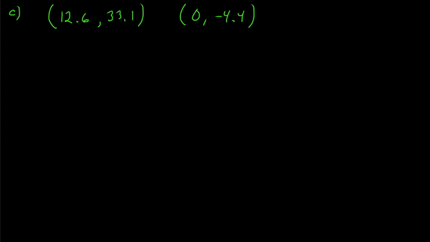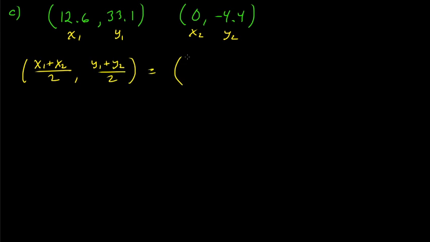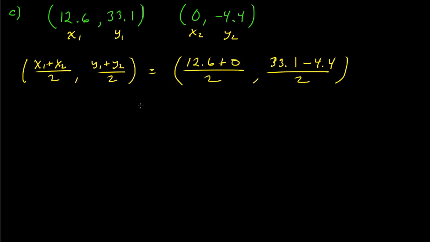Part C is done the same way, right? This is my x1, y1, x2, y2, and the midpoint formula again, x1 plus x2 over 2, y1 plus y2 over 2. Just plug in the numbers. So 12.6 plus 0 over 2. And 33.1 plus negative 4.4 over 2.